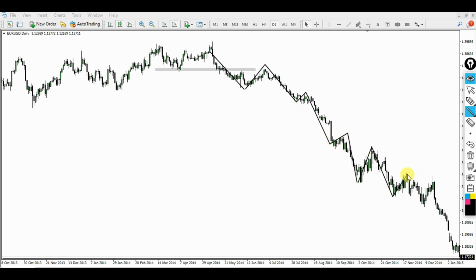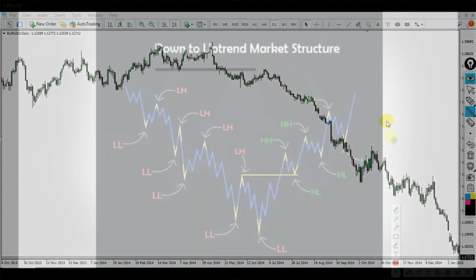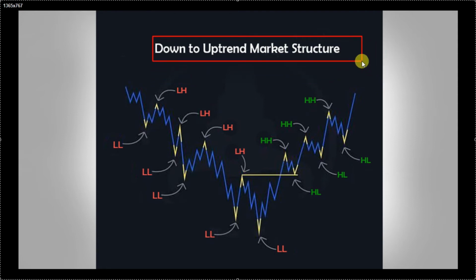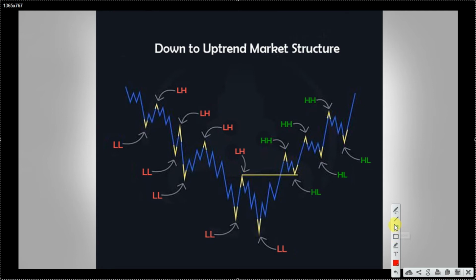In this slide we also talk about downtrend, but let's go deeper into downtrend and reversal of trend. This is a low and a high. It's a lower low because this low is below the previous low.